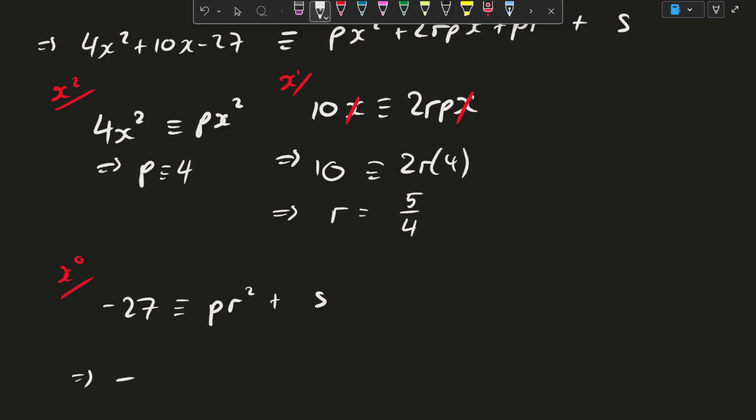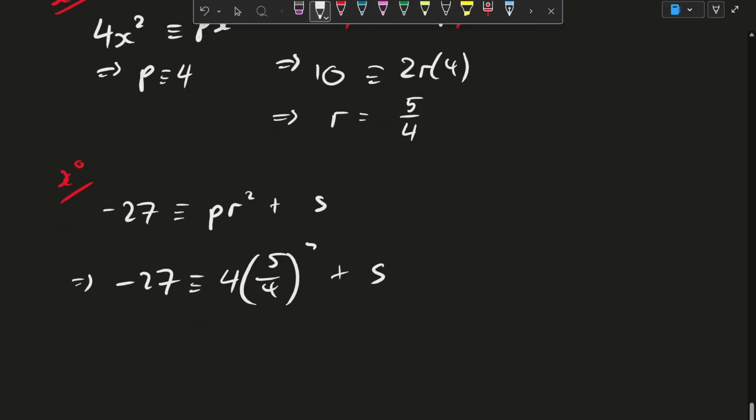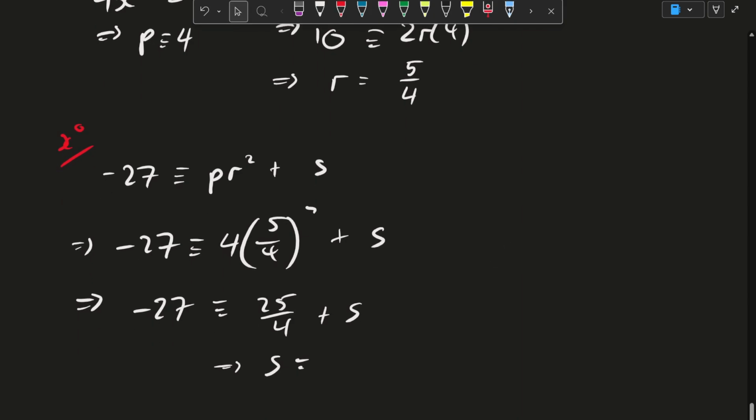So subbing things in, we get negative 27 is identically 4 times 5 over 4 squared plus s. So you get negative 27 is identically 25 over 4 plus s. So if we subtract that from negative 27, we get s is minus 133 over 4.